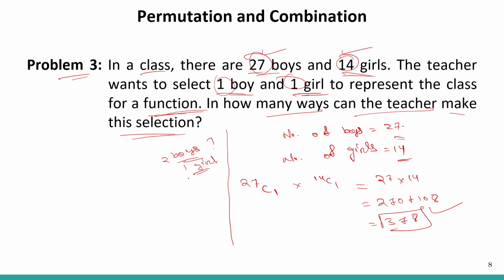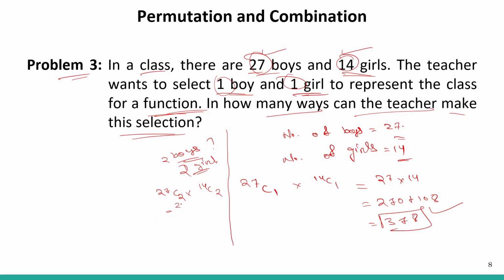So let's see what the answer will be for this kind of question. The answer will be 27C2 into 14C1. If there would be 2 girls, it would be 14C2, and the order wouldn't matter here either, for the same reason.